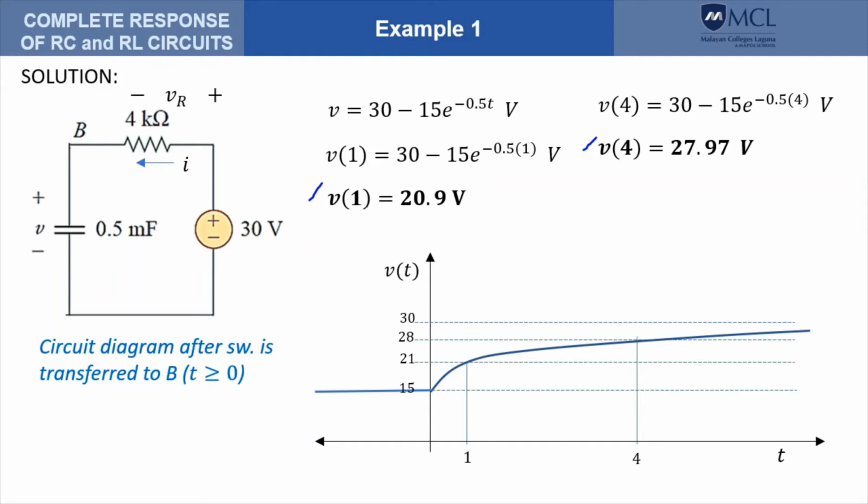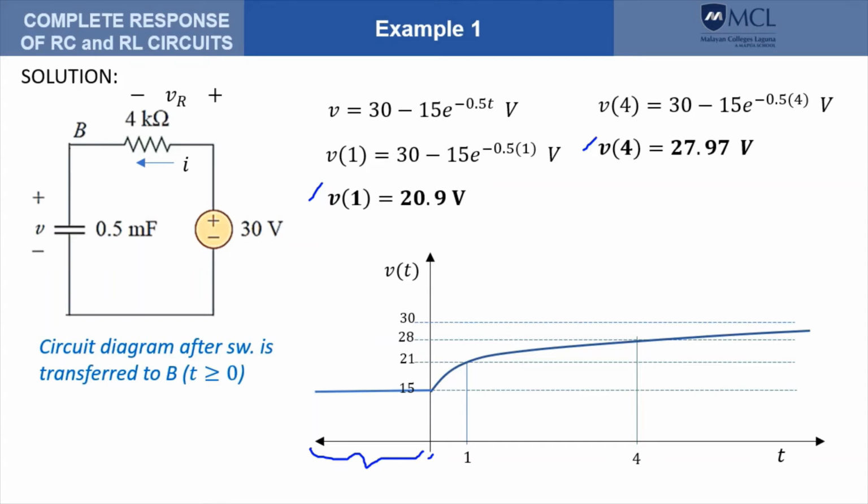So before the transfer, the voltage is a constant because the circuit is at steady state, and then the switch is transferred at time t equals 0. The voltage undergoes a transient condition, so it changes from 15 volts and goes up to 30 volts, where it stays as its new steady state value.